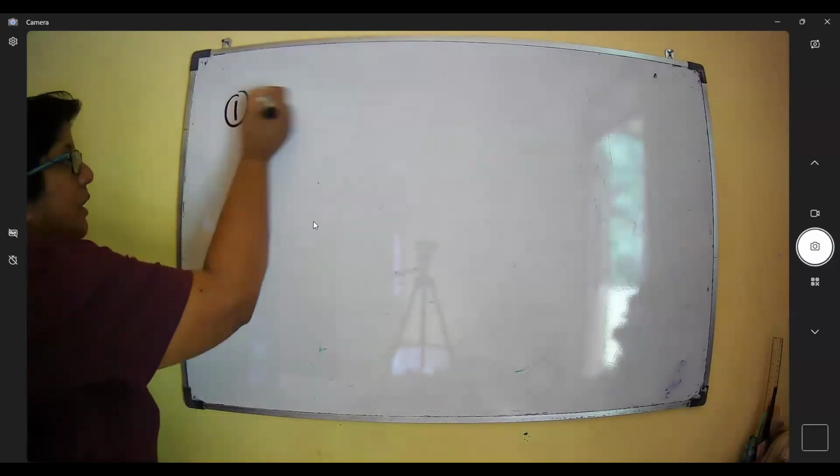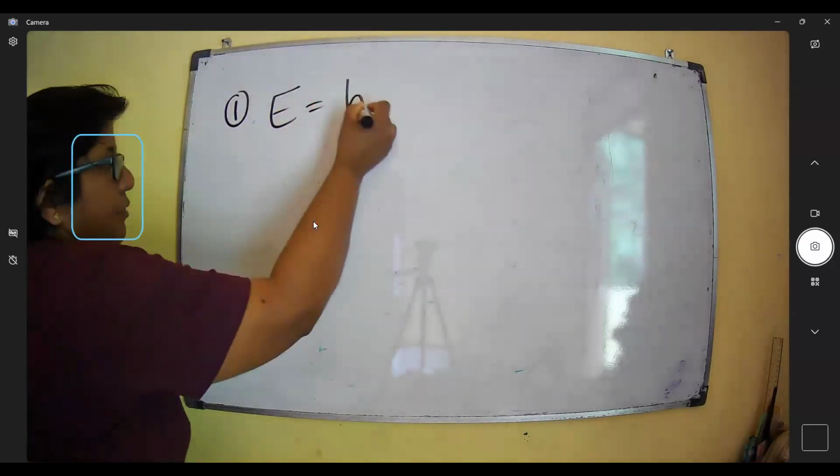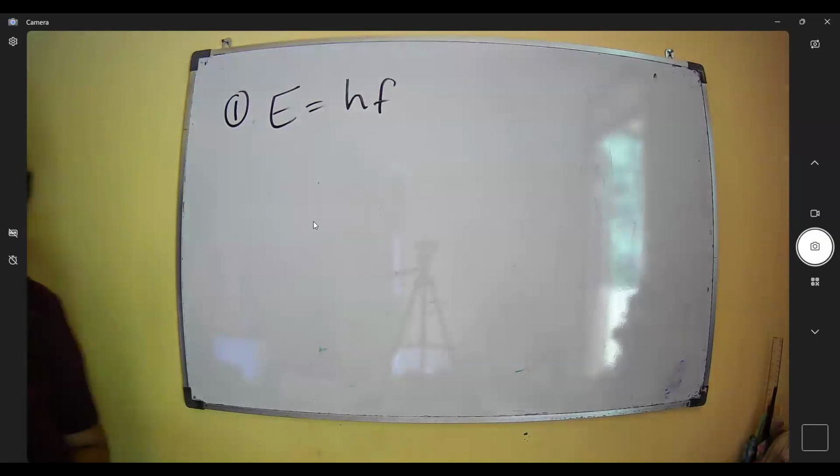The photon has an energy given, and we have to determine the frequency and lambda. The energy equation is E is equal to hf. h is the Planck constant.